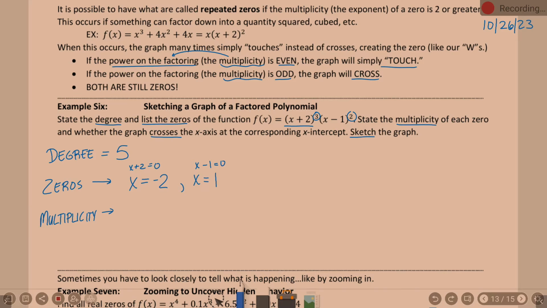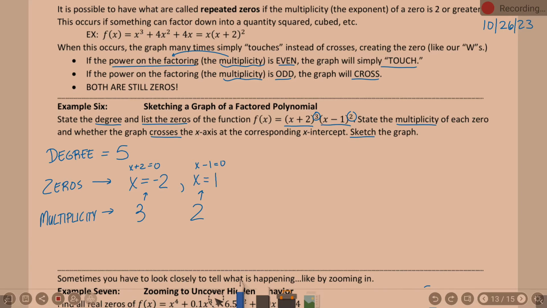What was the power on that factor? 3. So the zero of x equals negative 2 has a multiplicity of 3. X equals 1. What kind of multiplicity does it have? 2. It has a multiplicity of 2 because it came from the factor x minus 1, which has a power of 2. Okay? Are you with me on where multiplicity came from? And that's what we talked about last year in Algebra 2, I'm pretty sure. Again, not saying we remember it, just that it was part of our lesson.